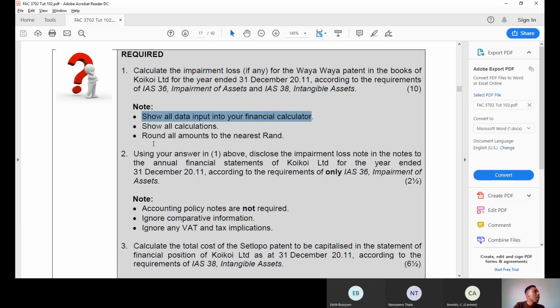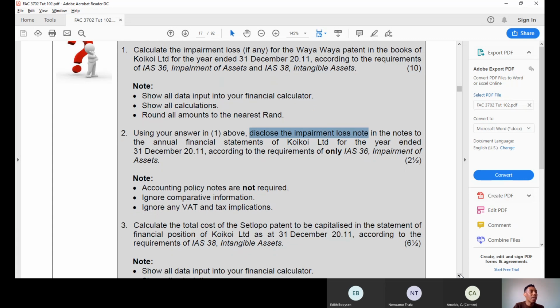The second part is that, with the information in number 1, you will need to disclose the impairment loss note in the notes to the annual financial statements of Koi, only in accordance with IAS 36 of impairment of assets. That one you can look into the solution, because it is the narrative part. All the calculations that we've derived thus far, and the background as to how it came about that we had to impair our patent.